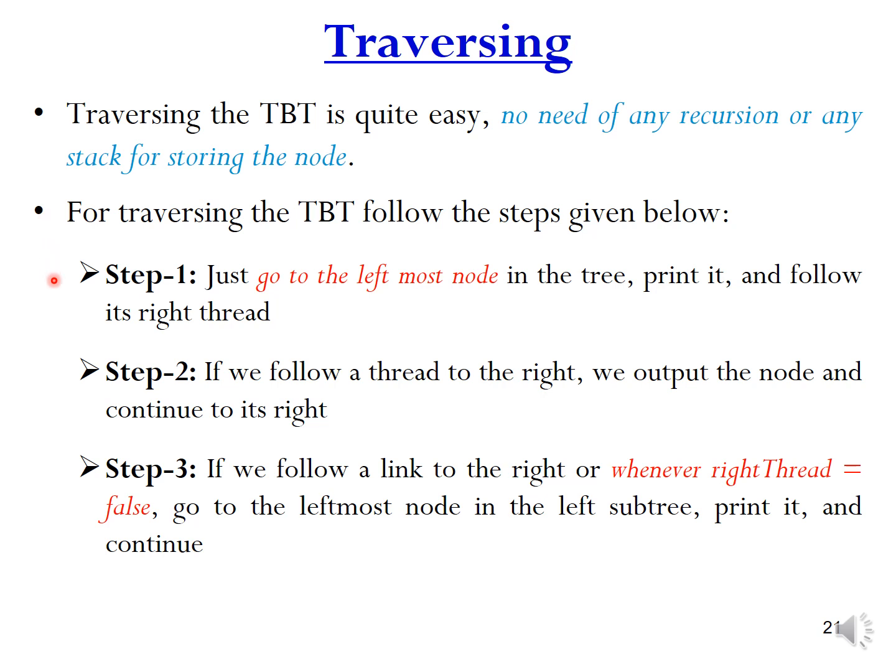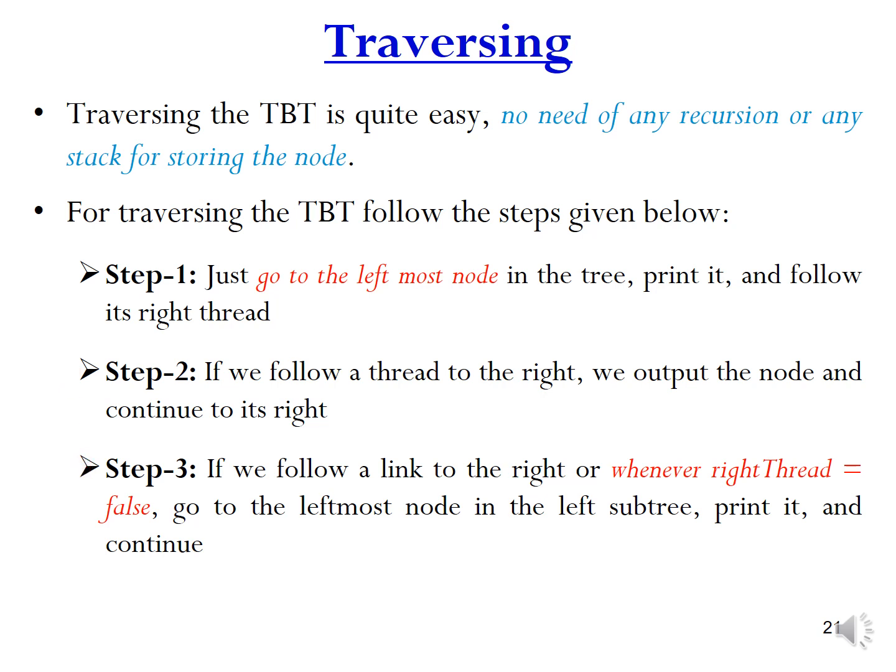Step 1: go to the leftmost node in the tree, print it, and follow its right thread. Step 2: if we follow a thread to the right, we output the node and continue to its right.